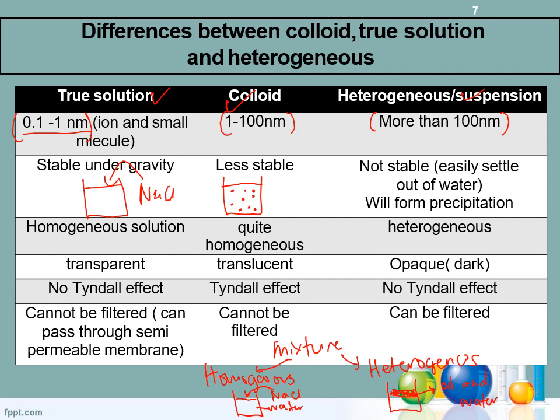An example of a suspension is medicine syrup. The particles in it will either sediment at the bottom of the container or float on top of the solution, so we need to shake or stir before we use it. So that is one example of a suspension.